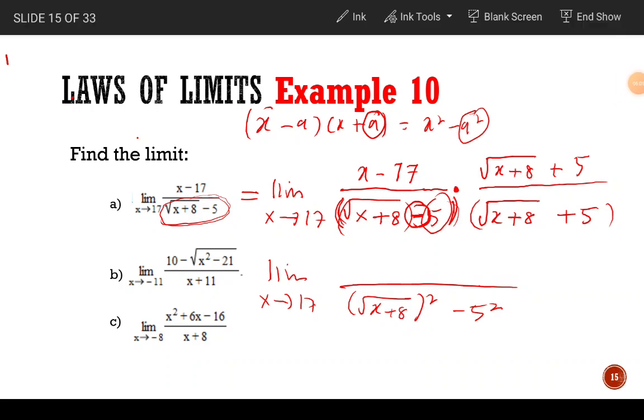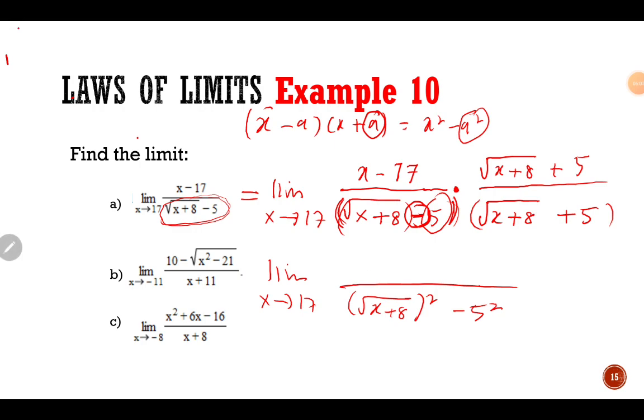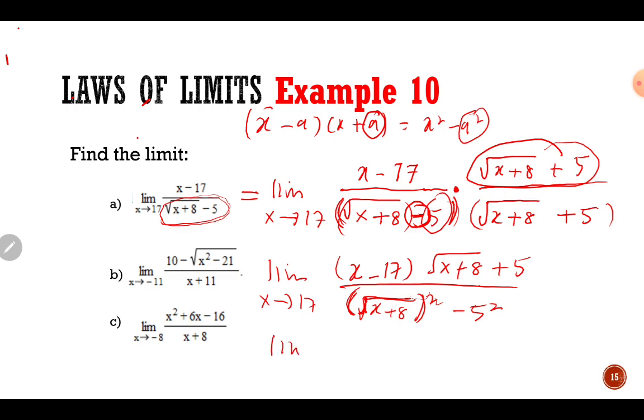Okay, and yang ke atas ni pula, maknanya kita akan ada x tolak 17 yang tadi tu. Yang ni masih lagi adalah square root x tambah 8 tambah 5. Okay, yang ni square root punca kuasa dikuasakan 2, dia akan hilang lah. Kan? Dia akan hilang. So, kita akan dapat x tambah 8 je tolak 25.